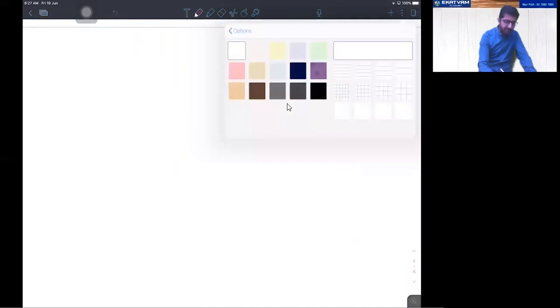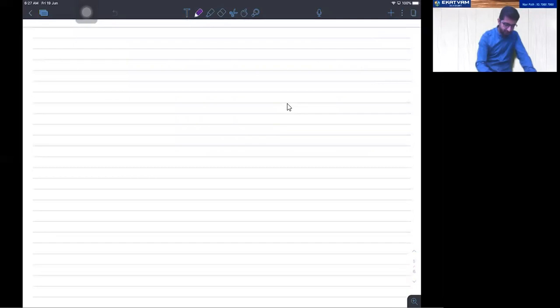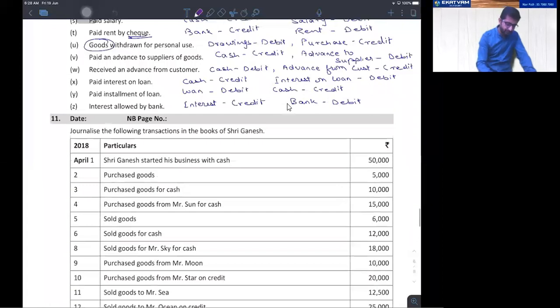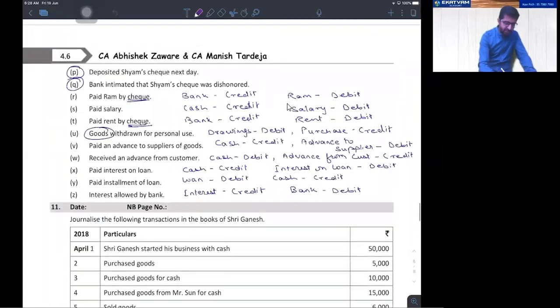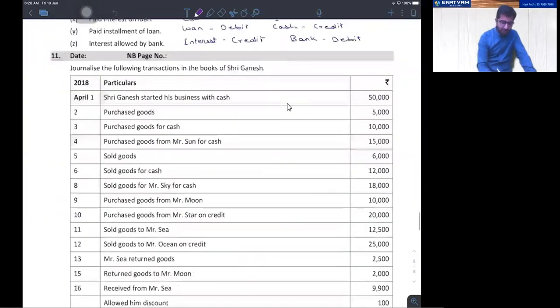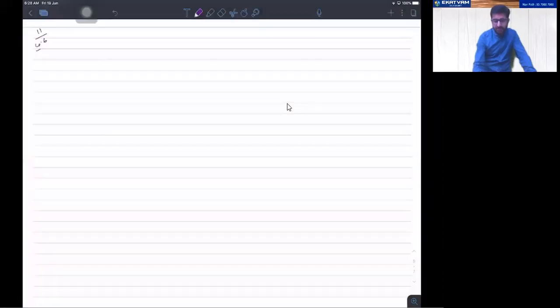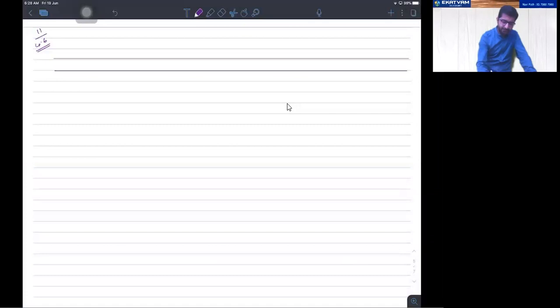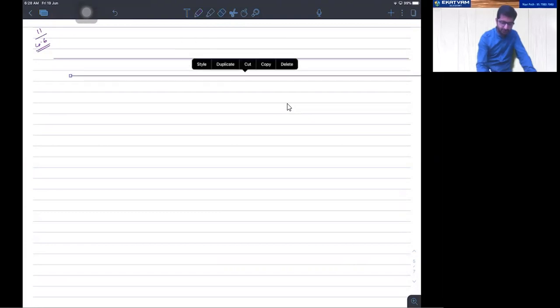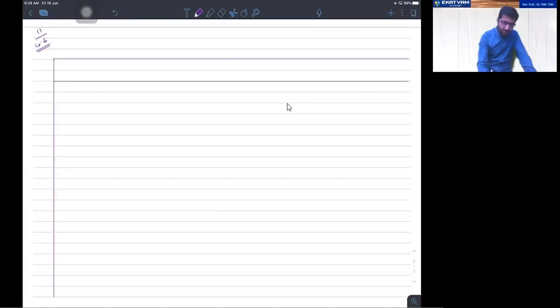This is about question 11 on page 4.6. Otherwise later we'll keep searching for where the question came from. So I have the journal, the columns of which are, of course, I'm not going to write all the journal entries.